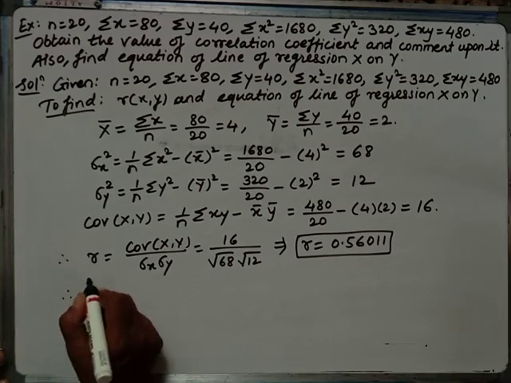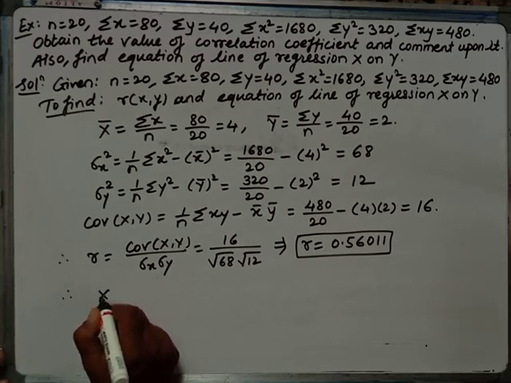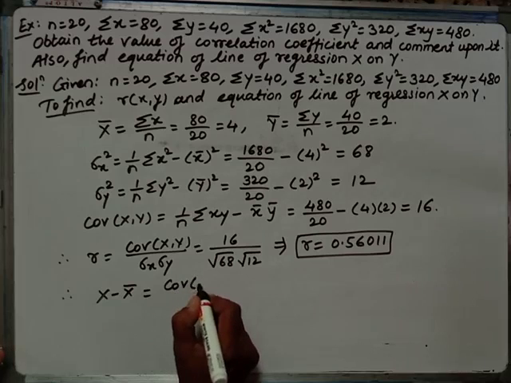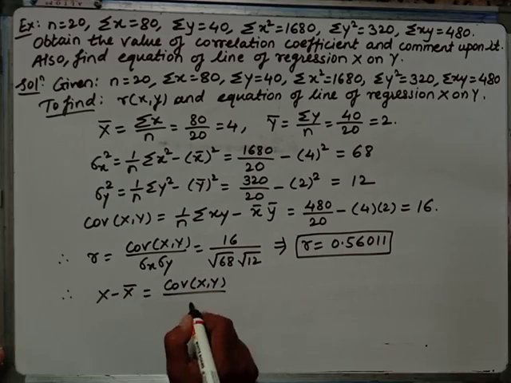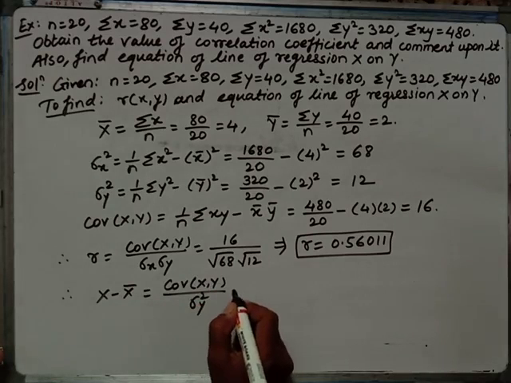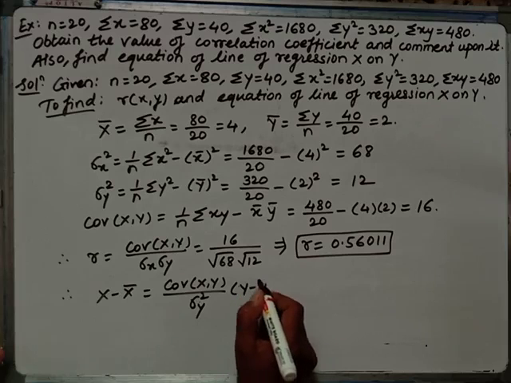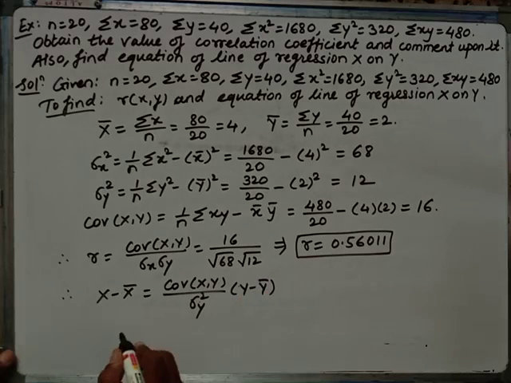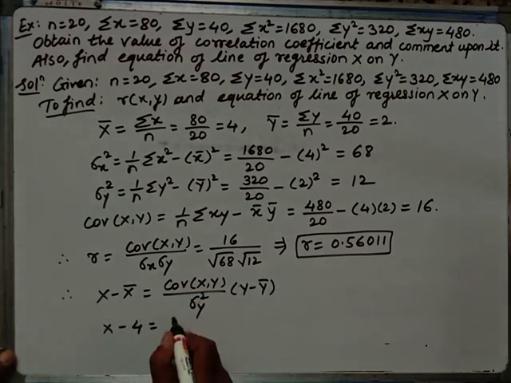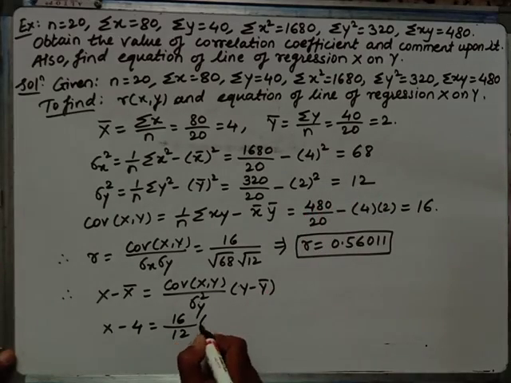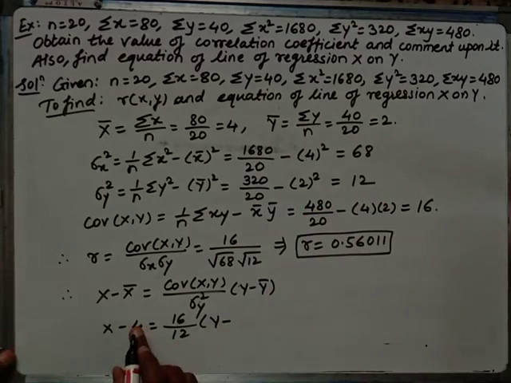Now also the equation of line of regression x on y. It is x minus x bar equals covariance between x and y upon sigma y square, into y minus y bar. So x minus 4 is equal to covariance 16 upon sigma y square, which is 12, into y minus 2.